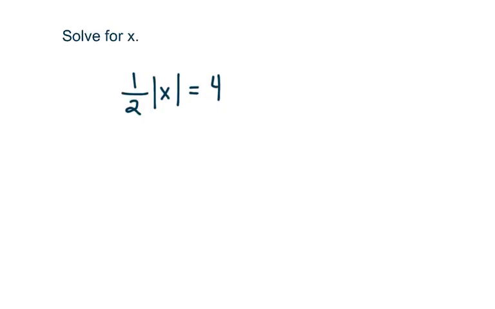So let's start by solving some problems here. Suppose we have the problem 1/2 times the absolute value of x equals 4. We need to break this down into a couple steps to figure out what x is. The first thing we're going to do is isolate the absolute value of x. Then the second thing we're going to do is solve for x.